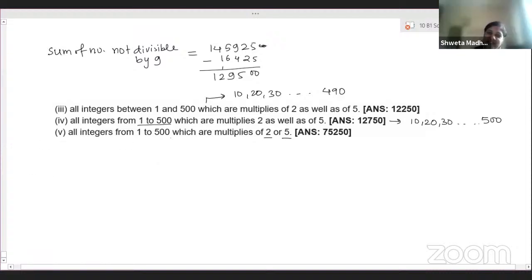Now you have to add the multiples of 2. You have to find the sum of, first you have to calculate multiples of 2 between 1 to 500. Then second, multiples of 5 you have to calculate. Now in this case, you are adding 10, 20, 30.